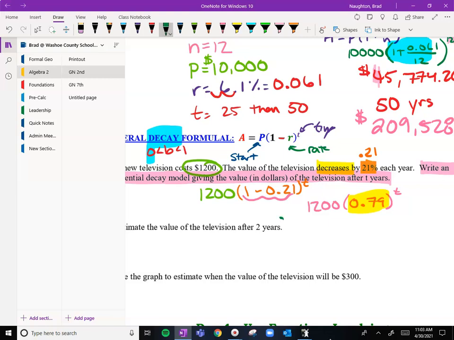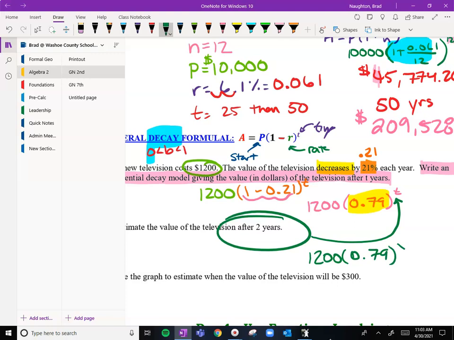All right, how about 2 years? Well, that's question number 2. So I'm going to put a 2 in right there. So 1,200 times 0.79 to the 2.